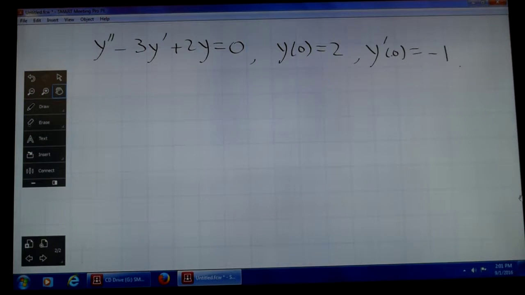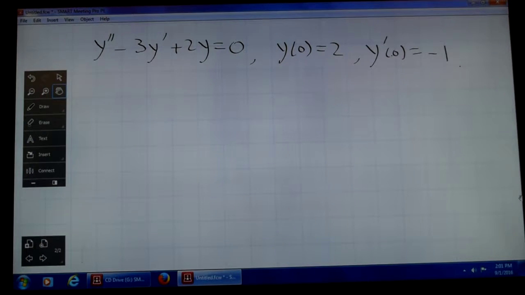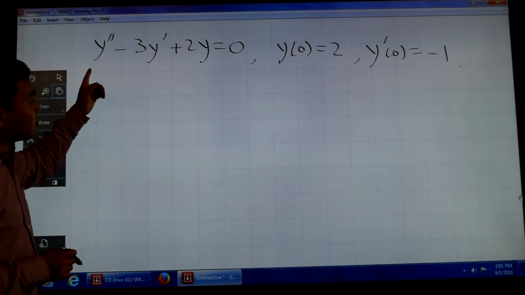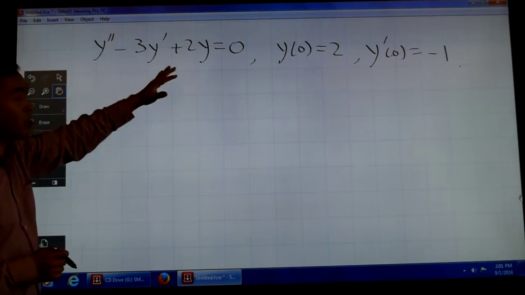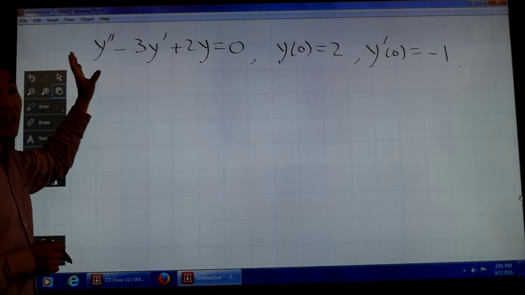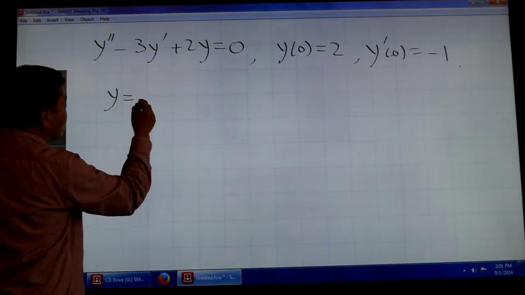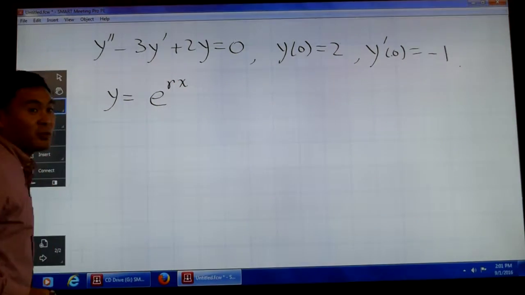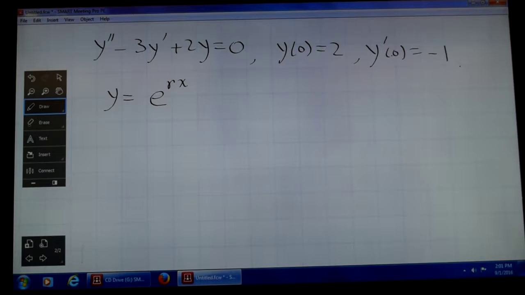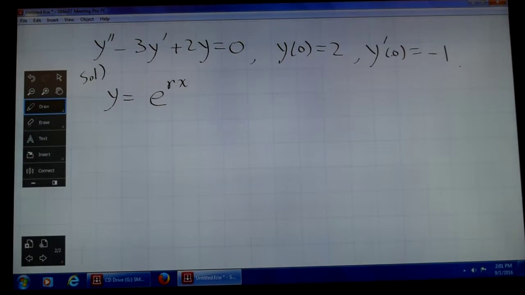Here's the most basic one. Theorem: if you have a differential equation with constant coefficients and homogeneous, then there's at least one solution that looks like y equals e to the rx with some value of r.